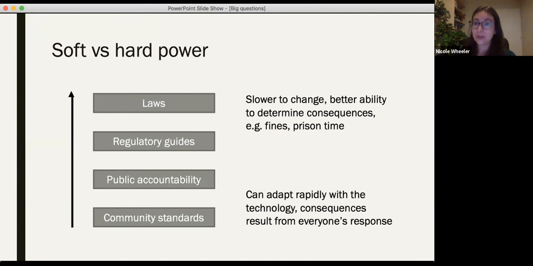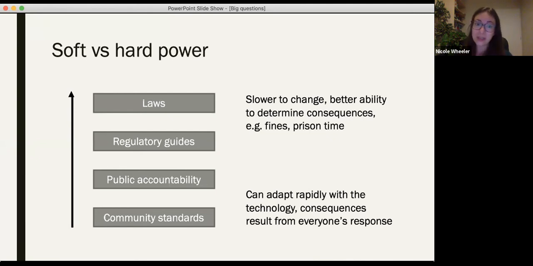And you can enforce strong consequences if people break those rules, like giving somebody jail time or giving them a fine. But laws take a long time to make, and you have to make them all around the world. So that can take years, which if you've got a really quickly developing technology could mean that the law is always years behind the technology and therefore doesn't really cover all of the scenarios that you're worried about.